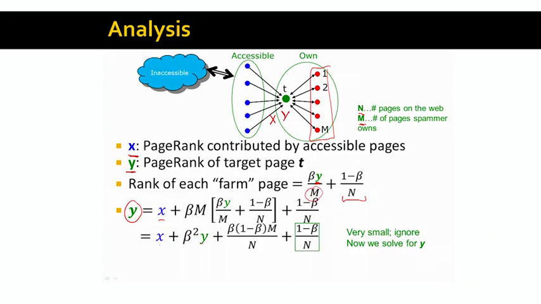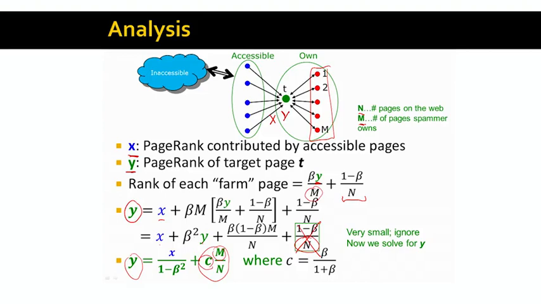Right? And what we will do is take this last term, (1 minus beta) over n. This is very small because the web is huge, n is large, so we will ignore this one. So let's keep looking at what we get. What we basically get is y equals x over 1 minus beta squared, plus m divided by n times some constant, where this constant is beta over beta plus 1.